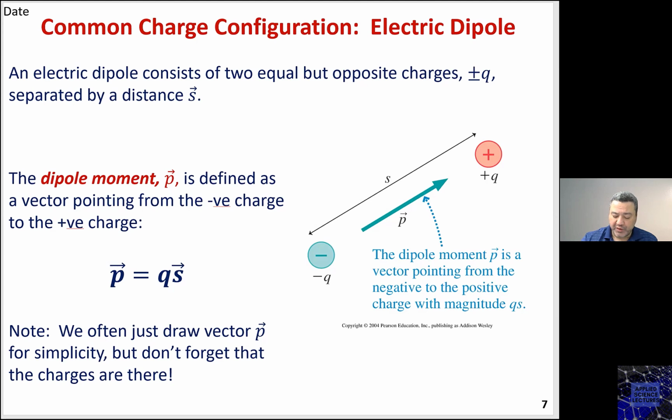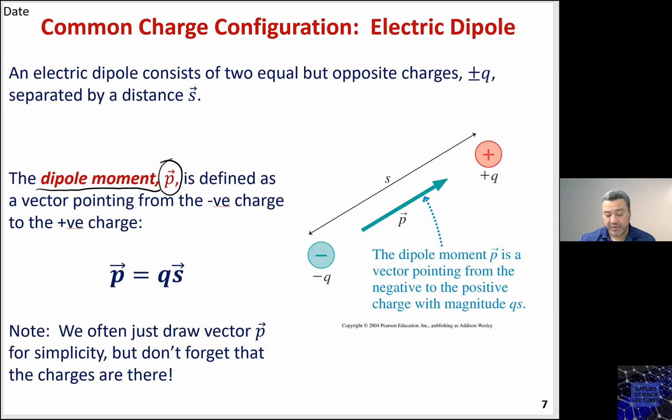Now we want to introduce what's called the dipole moment. This dipole moment, small letter p, is a vector, and it is pointing from the negative charge toward the positive charge.